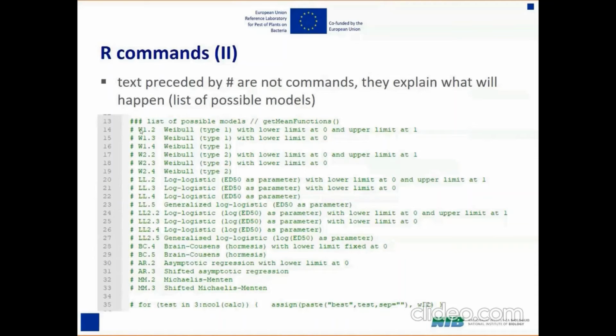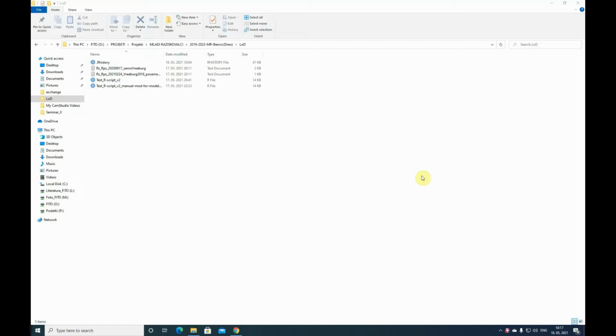These are basically not commands, they are just a description for you to understand better what is going on, and are basically notes that the one writing the command lines wrote to later comment and remember what they did. And these are the models that are included in this package, and that the package tries to fit to our experimental points.